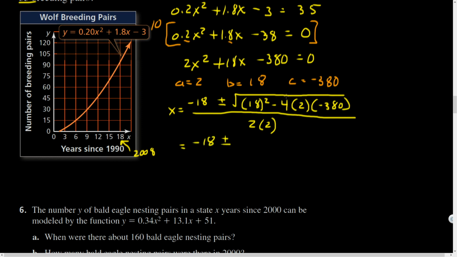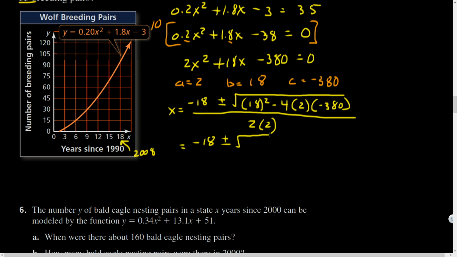If you're talented, you could start doing all that in a calculator. Actually, I'm running out of space. 18 squared, nope, automatic typo. Now notice, I've got two negatives being multiplied, so the final result of that product is positive. So 4 times 2 times 380.